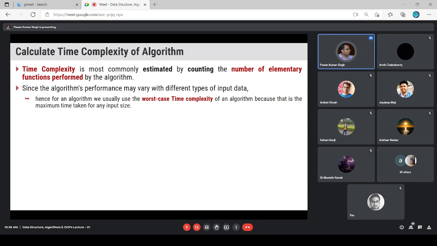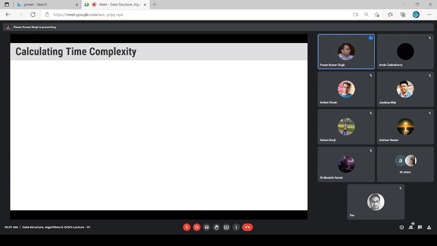So it's the worst case. We will always check using the worst case. The input will be given for the worst case to check the maximum time it requires. This is how we measure the time complexity, by considering the worst case.